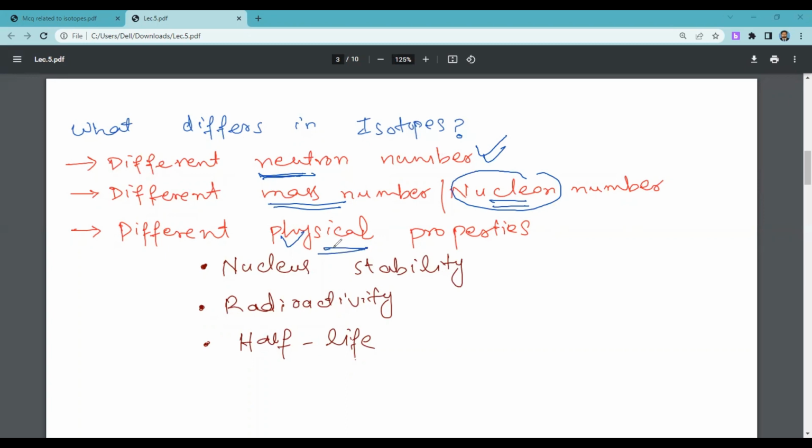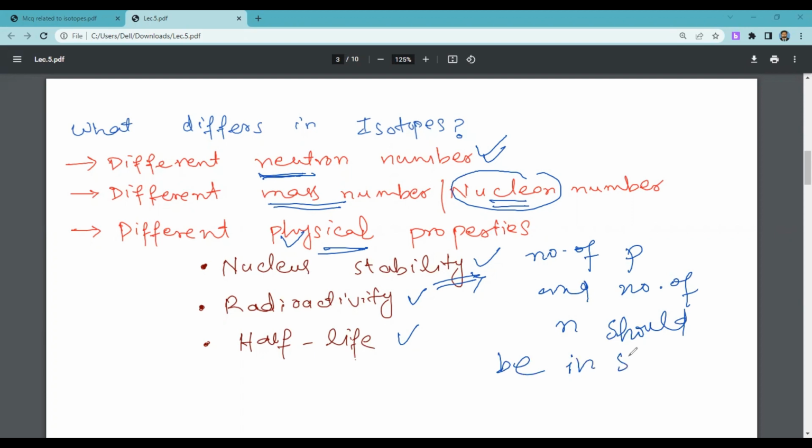In physical properties, nuclear stability comes, radioactivity comes, and half-life comes. Nuclear stability means that the number of protons and the number of neutrons in the nucleus of an atom should be in a suitable amount.